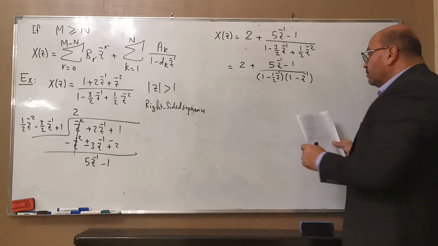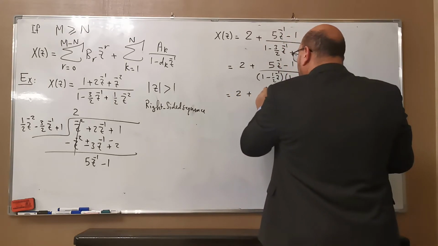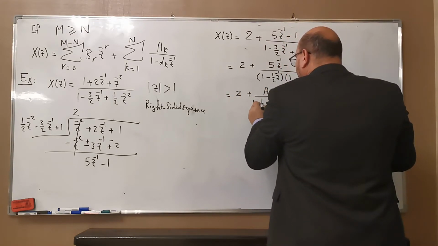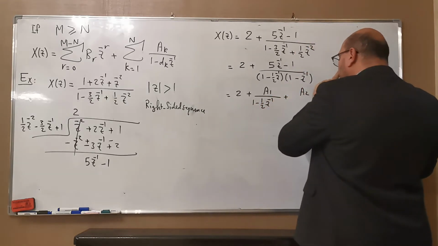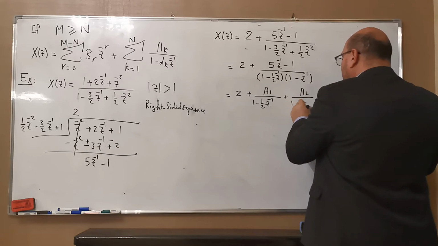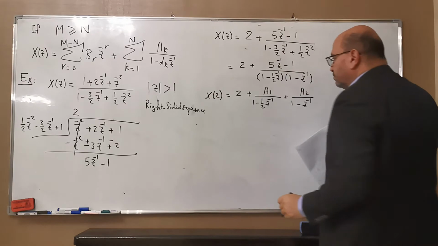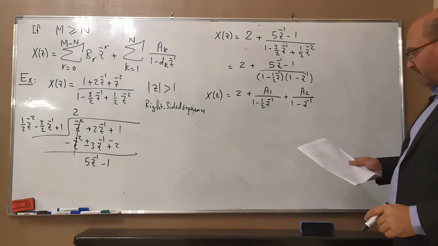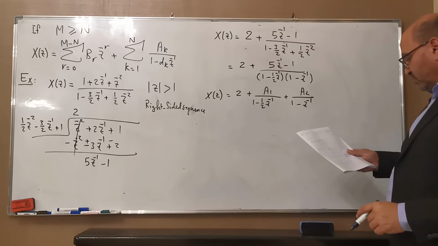Now we can say that this is equal to 2 plus A1 over 1 minus 1/2 z inverse plus A2 over 1 minus z inverse. So this is our X of z. And we'll find A1 by the partial fraction expansion.